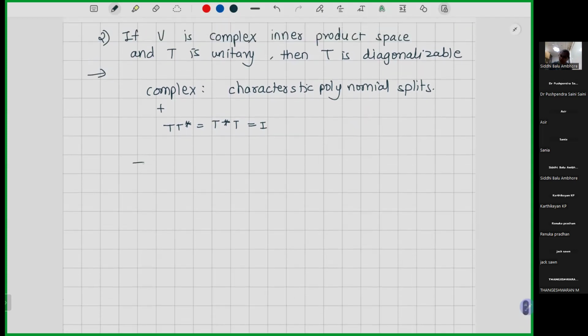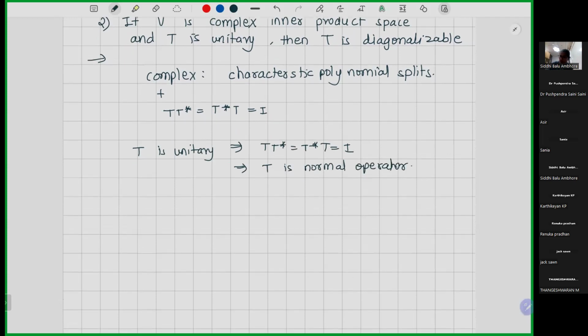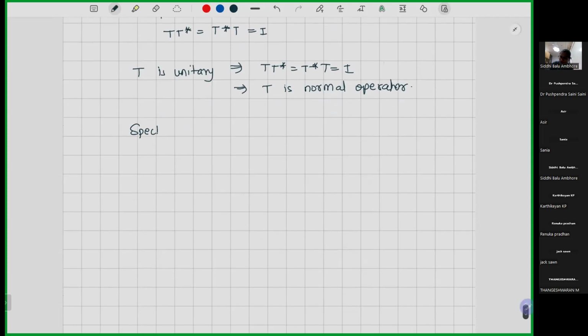Okay, so first note that T is unitary. So this implies T star T is equal to identity, which also implies that T is a normal operator. We then have the spectral theorem for normal operators.